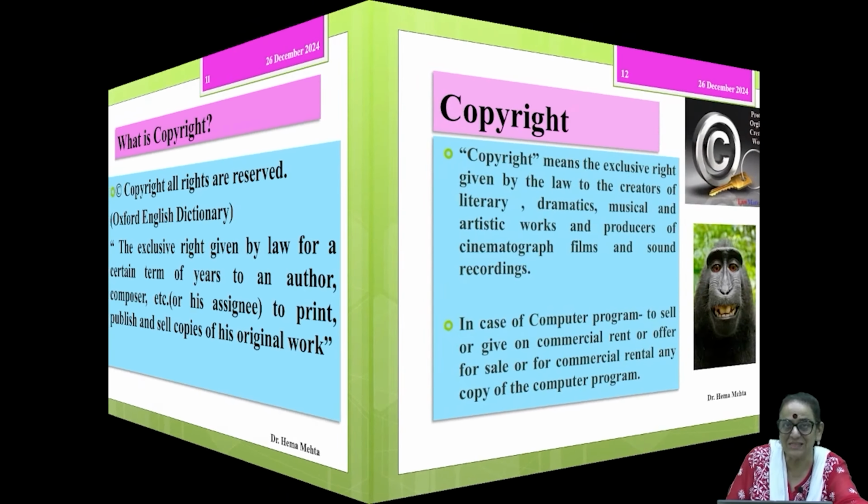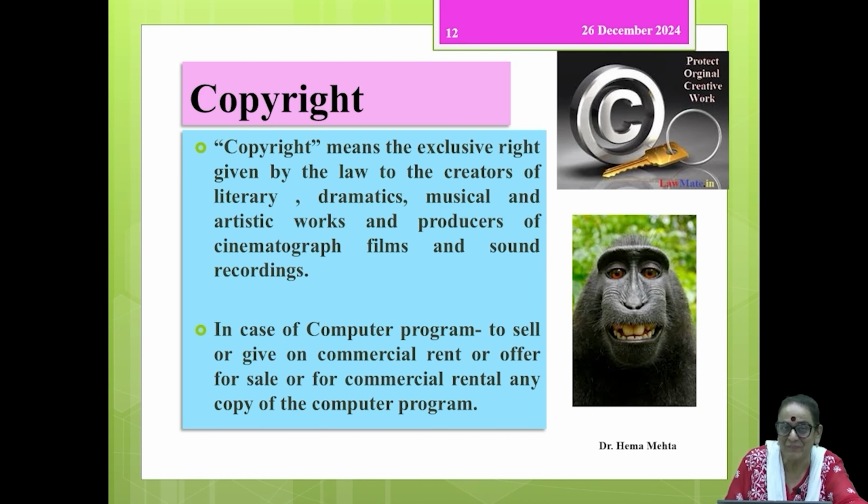So let's understand what exactly is copyright. And the pictures in the slide, let's understand why these pictures were added. So copyright means the exclusive right that is given by the Copyright Act. Now it would be given to the creators. Somewhere we come across words like authors of literary, dramatic, musical, artistic work, producers of cinematographic films and sound recordings.